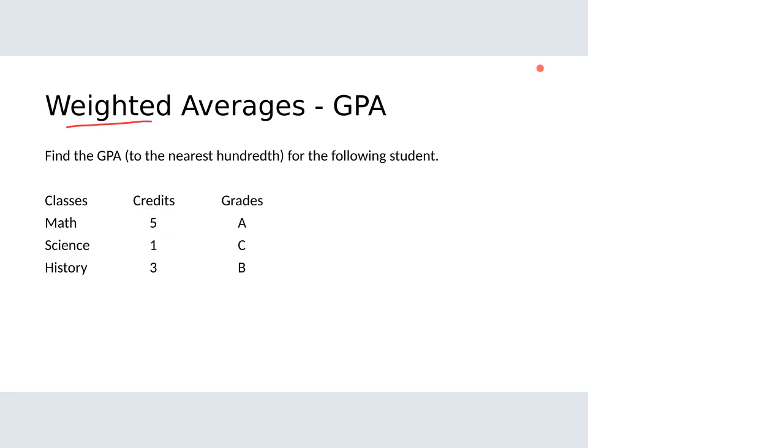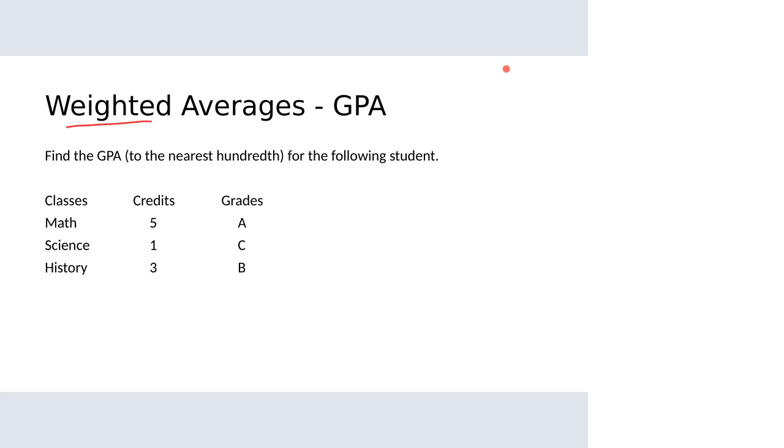Your first instinct here might be to say, well, they have an A, a B, and a C. If they have an A, a B, and a C, then they have a B average. What's the computation? Who cares? This seems really simple. That would be true if they were each worth the same amount of credits, but they're not. Since they're not worth the same amount of credits, there's a process we go through to calculate grade point average.